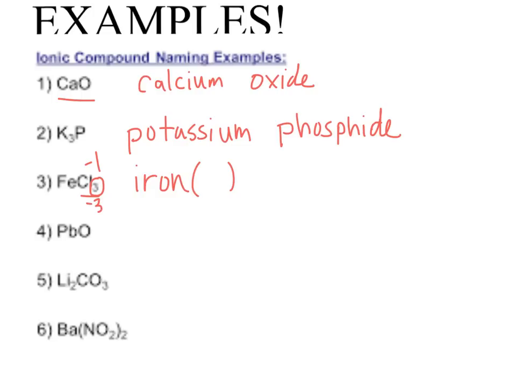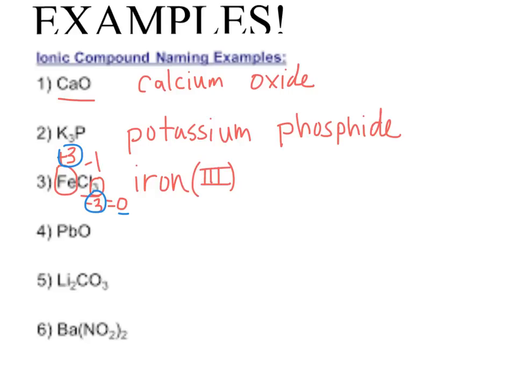Now you're trying to figure out what the iron has to be so that when you add them, it's going to equal 0. Since there's only one iron, it has to be +3. So +3 and -3 equals 0. Therefore, iron has a Roman numeral of 3.